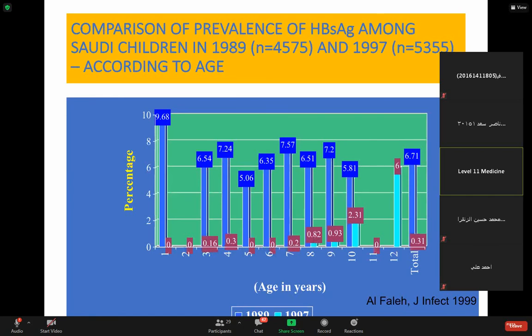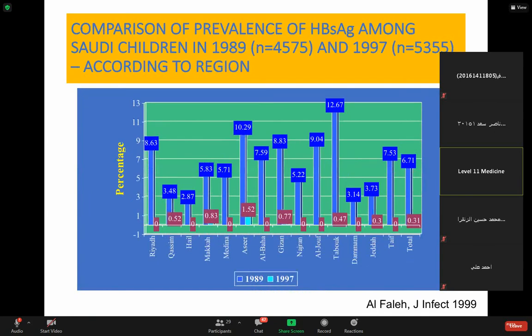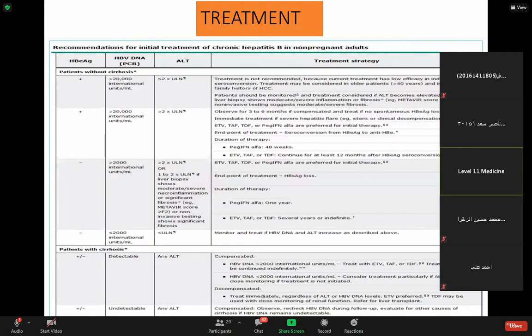So this is considered as one of the biggest accomplishments for the health system in Saudi Arabia, minimizing and reducing the prevalence of hepatitis B in Saudi Arabia, okay? Again, this is based on the area, basically. Again, it's just a huge reduction in the burden.